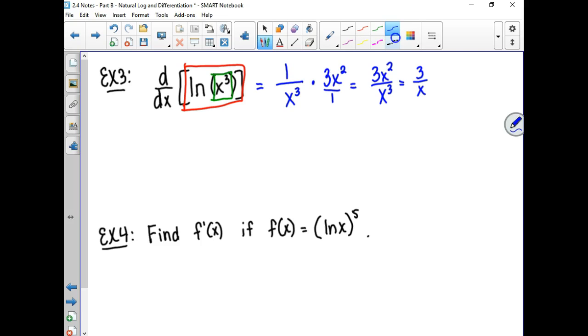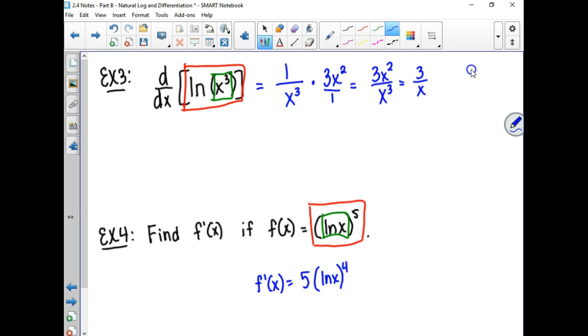Alright, 4 is also a chain rule, but the outside this time is the 5. Our inside is the natural log of x. So when we take the derivative of this, f prime of x will equal 5 natural log of x to the 4th power.